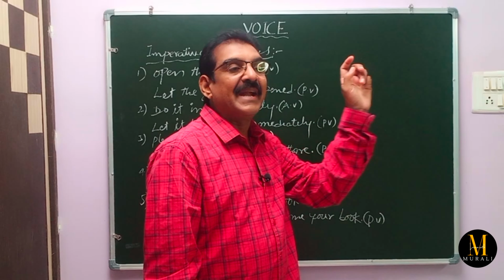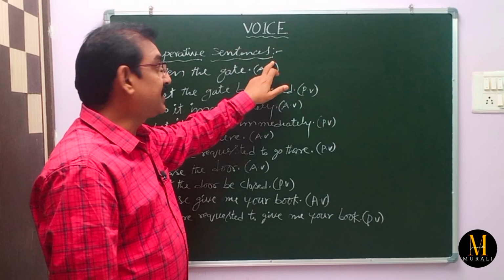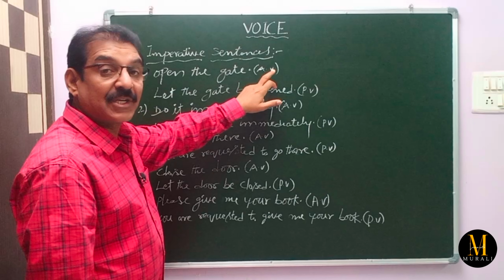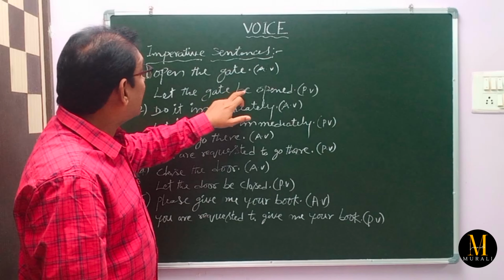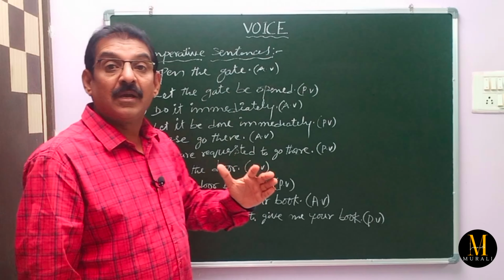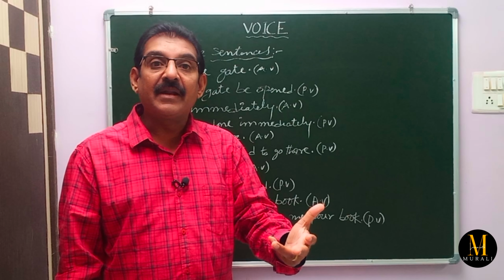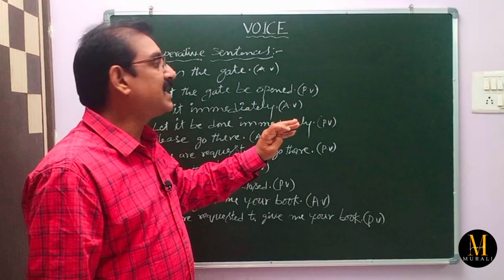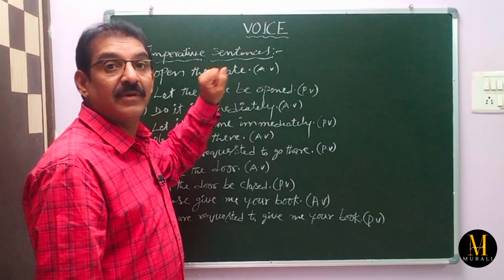Next, imperative sentences. See, open the gate, active voice. Let the gate be opened. So, these types of sentences, commanding, order, request, pleading, all the different kinds of sentences appear in imperative sentences.